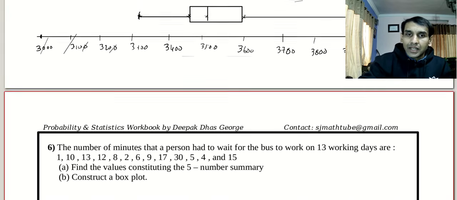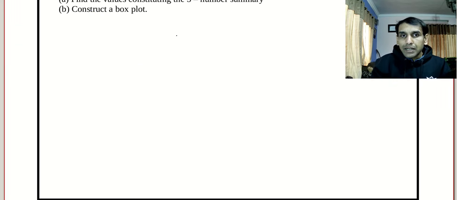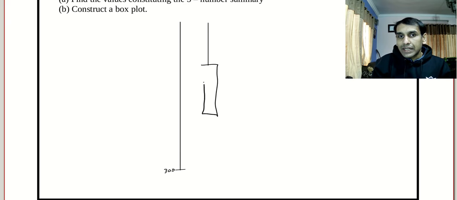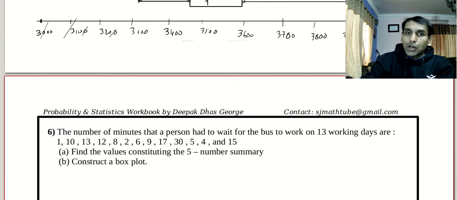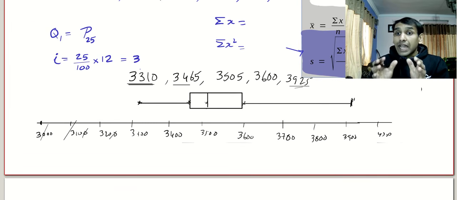Look, I can make a scale parallel to the y-axis and I can mark the numbers 3000, 3100, etc., and the box will look something like this. I hope you got the point. So you can make a box plot parallel to the x-axis or parallel to the y-axis as you wish.